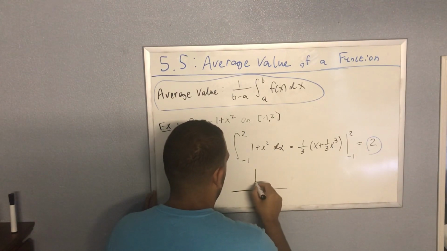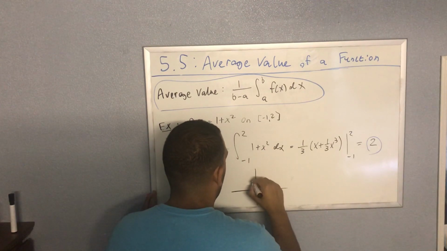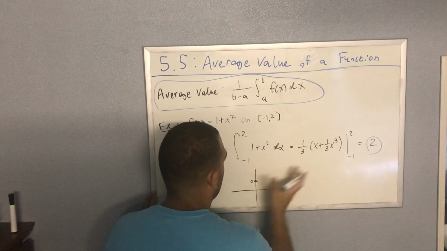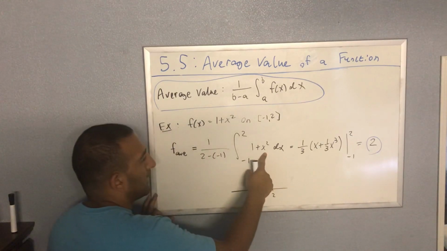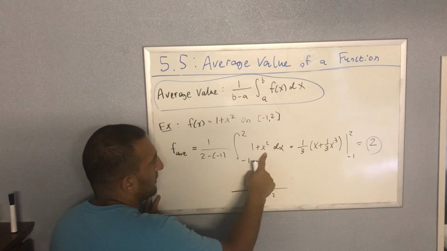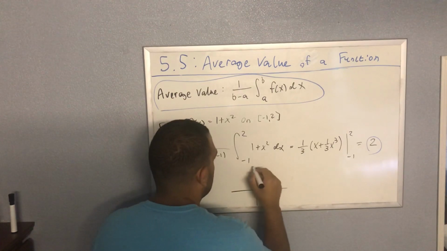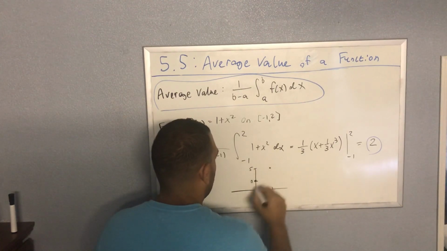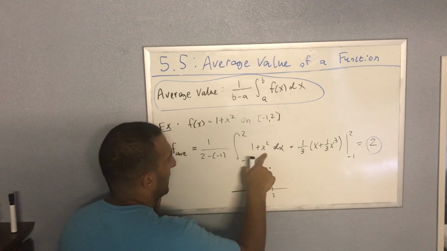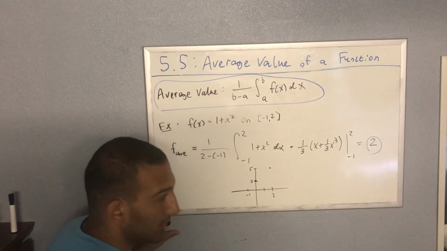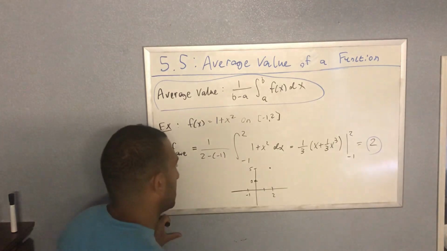And just to graph this guy, this is a parabola that opens upward. At 0, it's 1 unit high. So it starts down here and it opens up. And so at 2, when you stick 2 in here, you get 2 squared, which is 4 plus 1 is 5. So it's at 5 up here. And then at -1, when you stick -1 in here, you get 1 plus -1 squared. So that's 1 plus 1, which is 2.